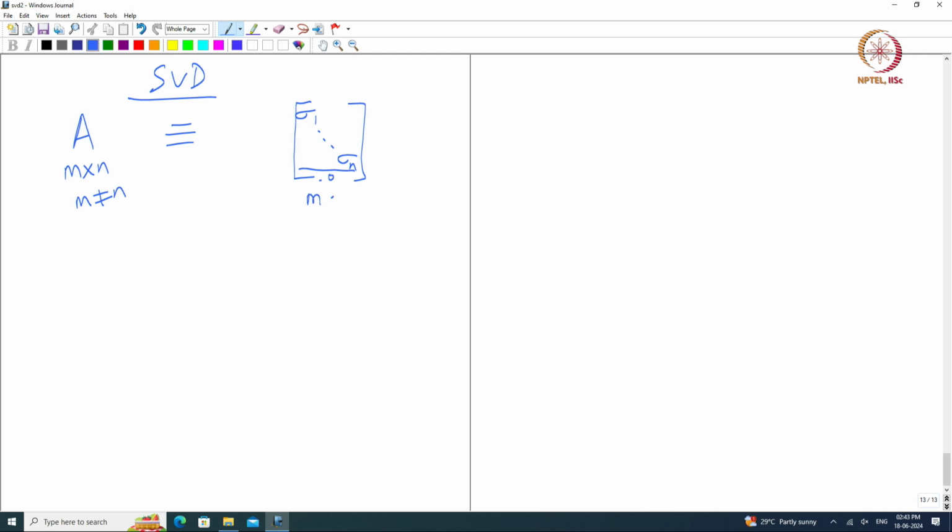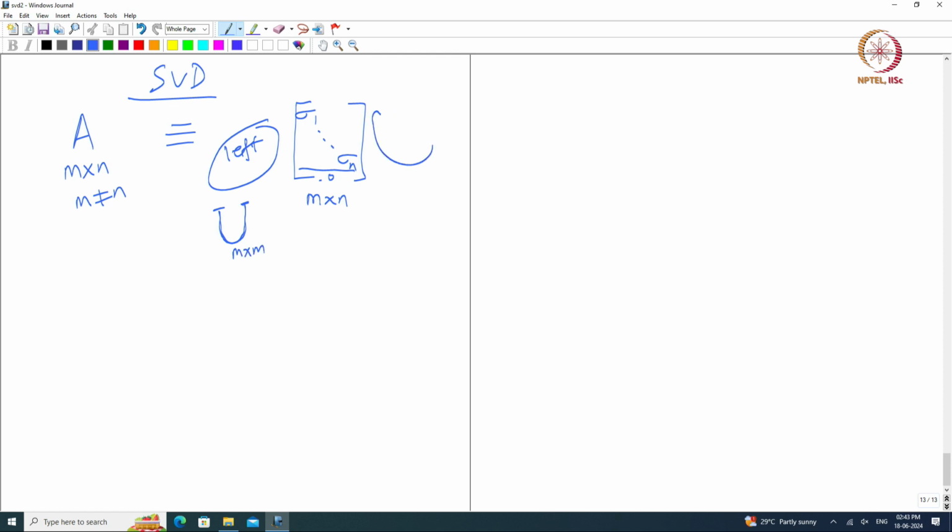This will be size m cross n. I need something on the left, some matrix which I will call U, which is m cross m.